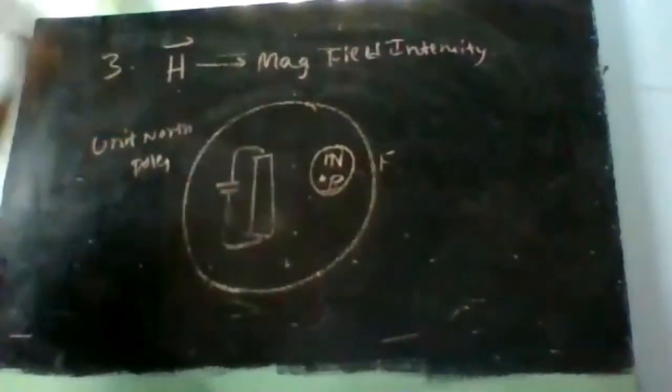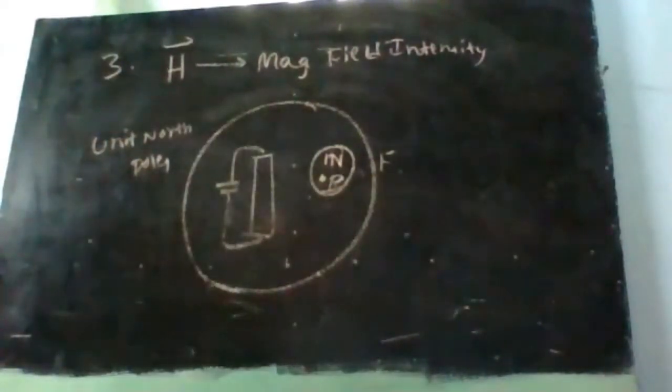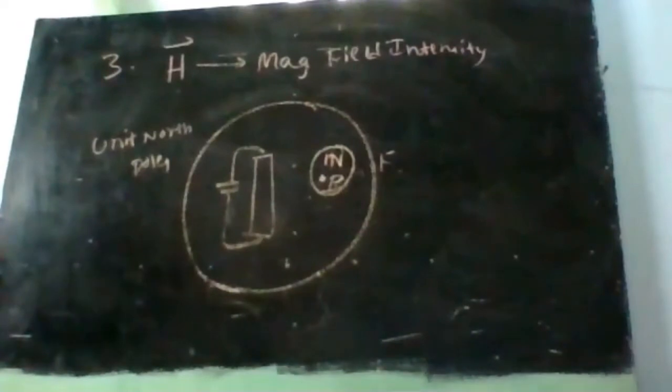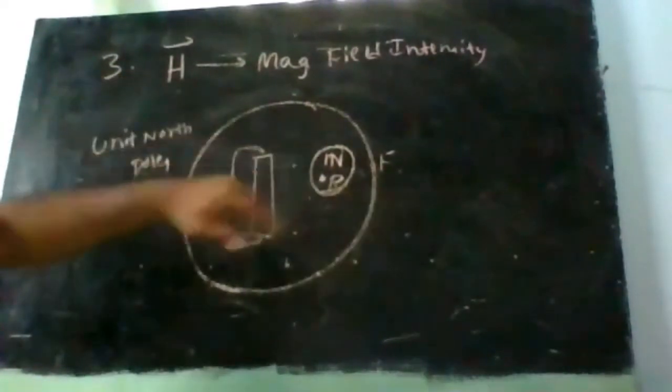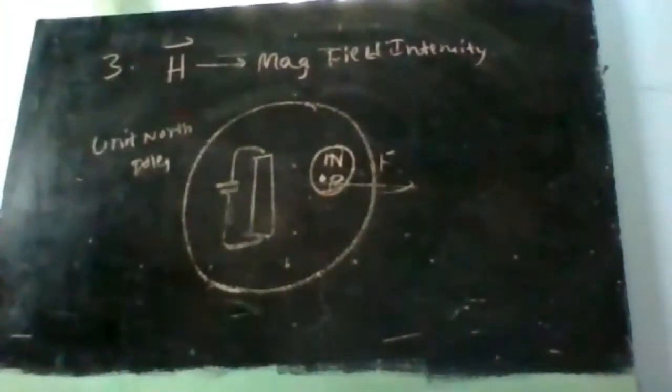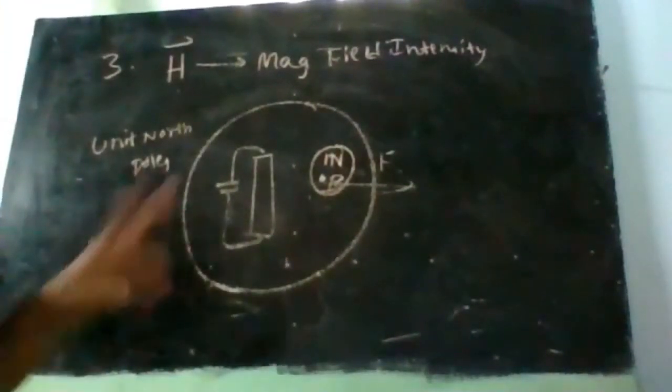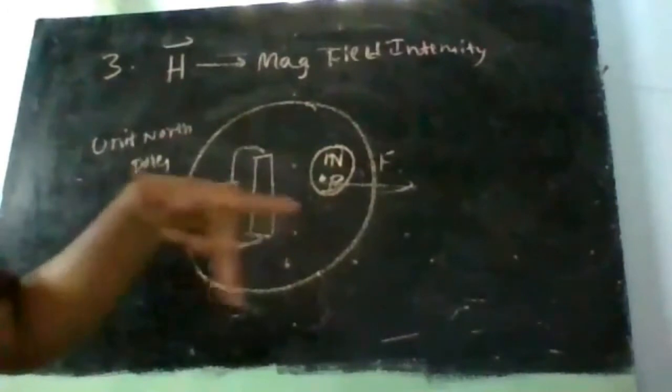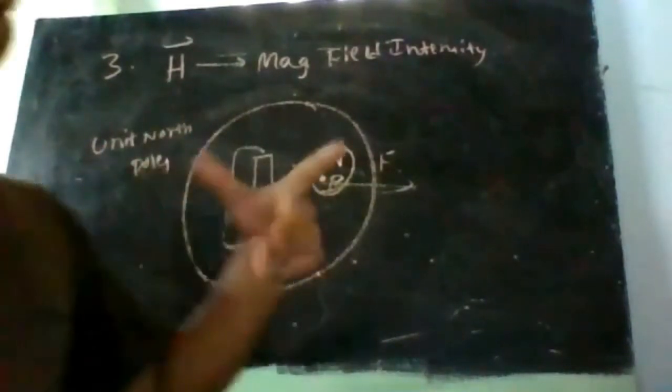H bar is a vector. We always have to remember H bar is a vector, and the direction of this vector will be the normal direction, or it is given by Fleming's left hand rule. We know that.